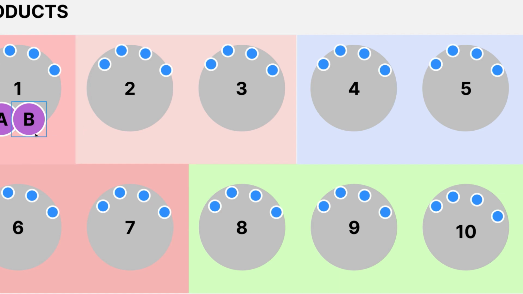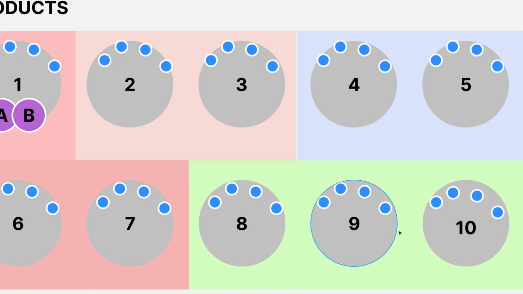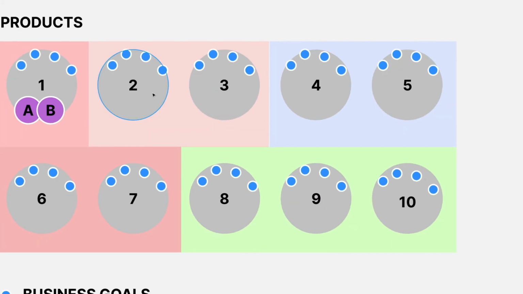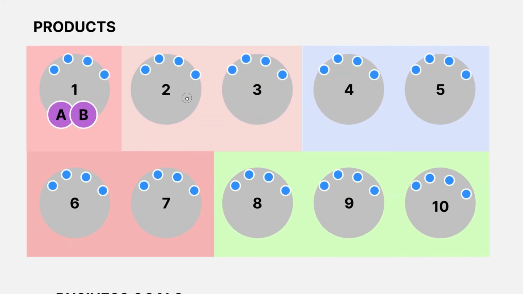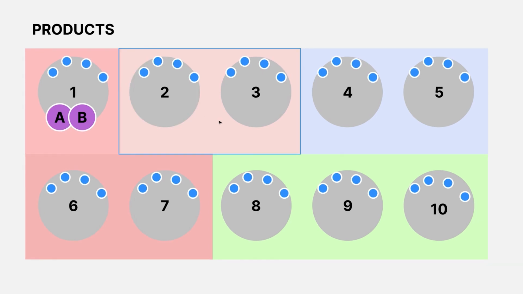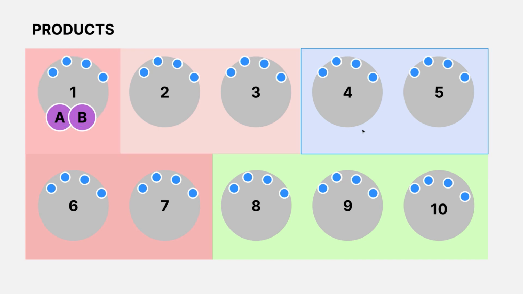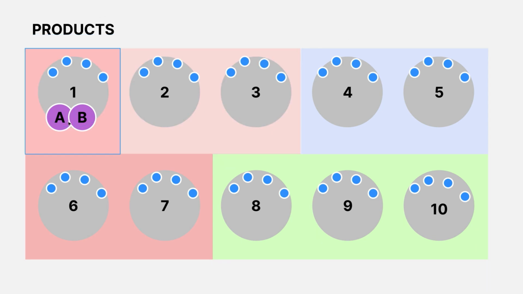So let's just say there's 10 products inside of your company, and these are the top 10 things that the company sells, works on, and provides. What you need to do is think about which one you are responsible for, and then how they are connected to the other ones.